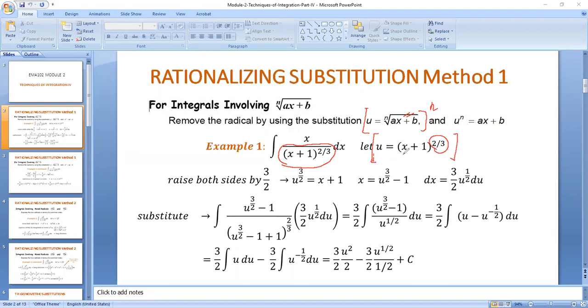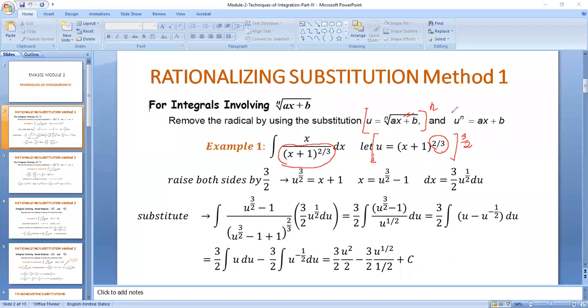So I will raise both the left side and the right side of this equation to 3/2, the reciprocal of the 2/3 here, the exponent of the quantity x plus 1. Because if we multiply these two exponents, that would simply be equal to 1. Okay? I hope you can follow.